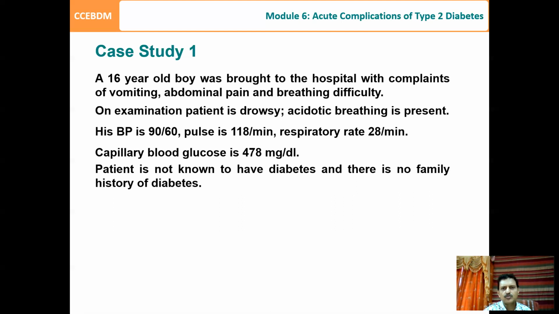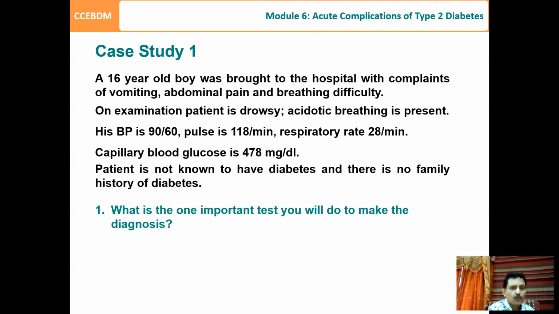And when the blood sugar was checked, it was found to be very high. So you have to suspect that something is wrong with the patient, because only hyperglycemia cannot cause some kind of neurological symptoms. So these neurological symptoms actually give you an input as far as the important diagnosis is concerned.